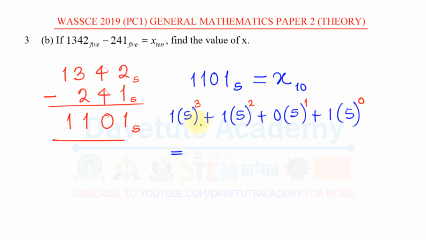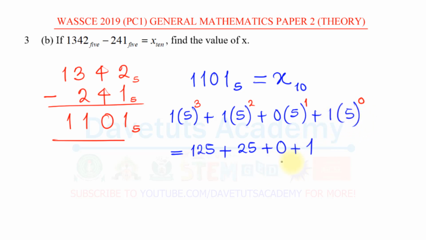To find the solution, 5 raised to power 3 is 5 times 5 times 5. 5 times 5 is 25, and 25 times 5 is 125. 125 times 1 is 125, plus 5 raised to power 2, which is 25; 25 times 1 is 25. 5 raised to power 1 is 5, and 5 times 0 is 0, plus 5 raised to power 0, which is 1; 1 times 1 is 1.